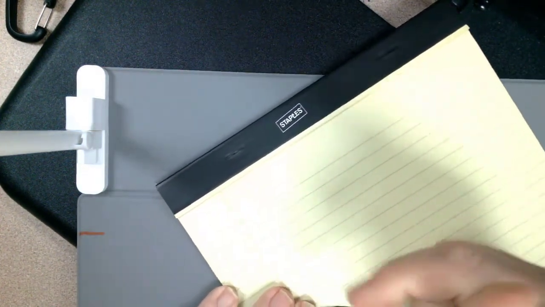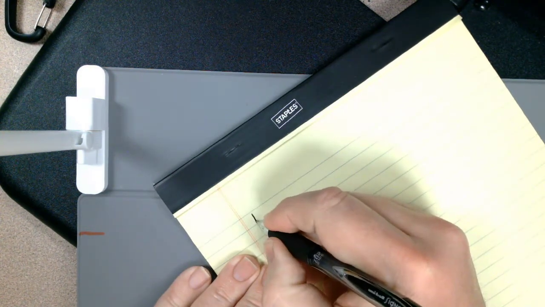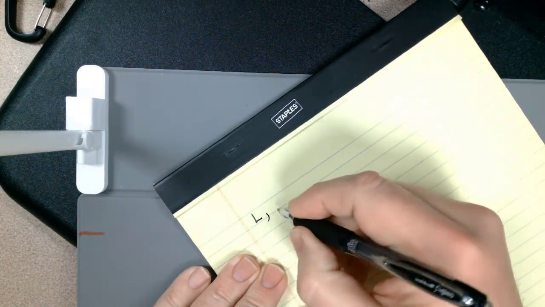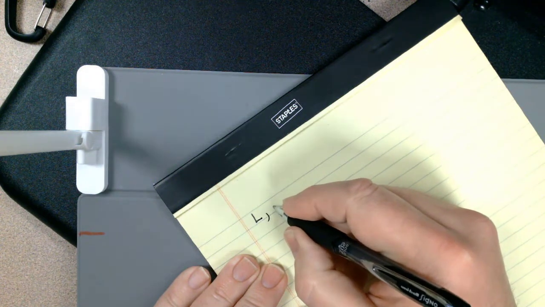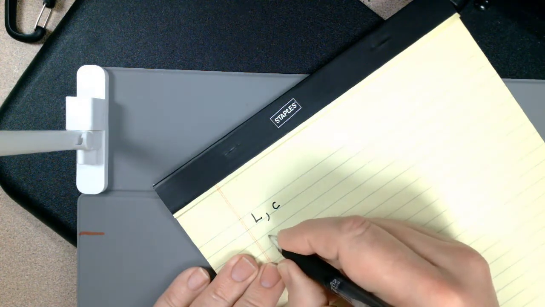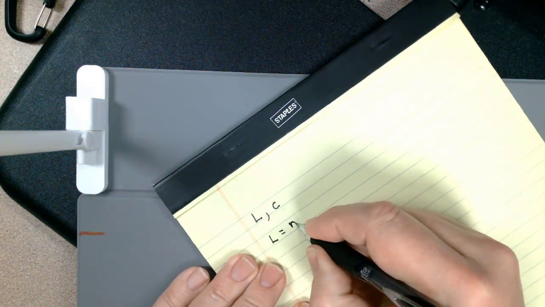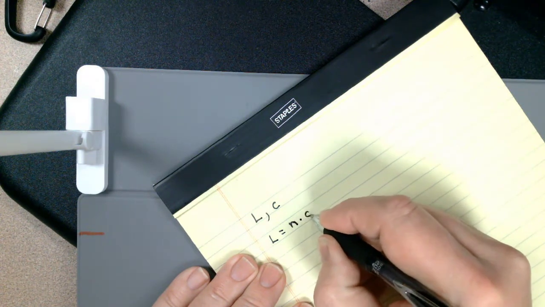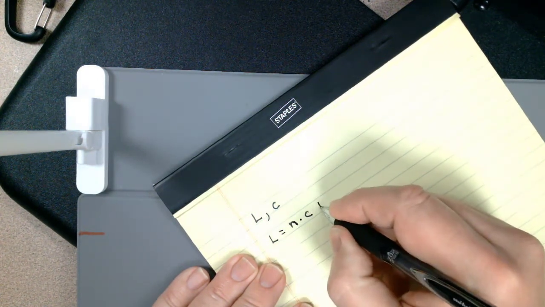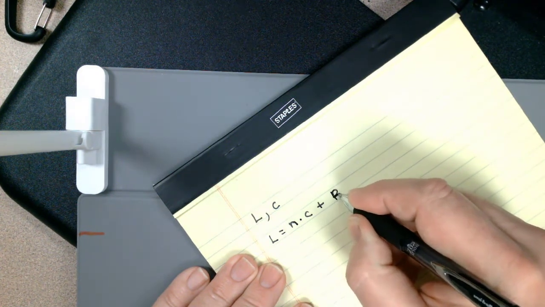So again, the idea is that in this case we're thinking of lengths, and we have a circumference that we're going around, and so the length is equal to the number of times that you go around the circumference plus the remainder.